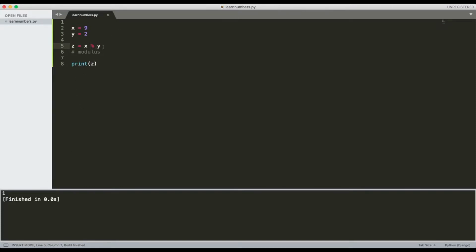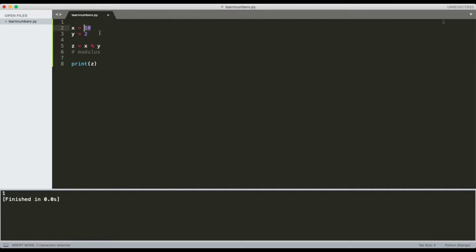A very common use case of this is to figure out if the number that we're modding is an even or an odd integer. So if we had 10, this is an even number. As long as we take a number modulus 2, if it comes back as 0, we know it's even, because an even number divided by 2 should always have a remainder of 0.